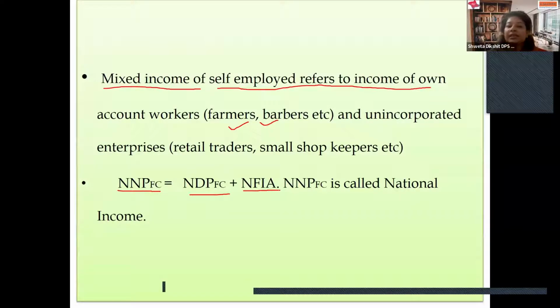We yesterday discussed NFIA is the difference between factor income from abroad and factor income to abroad. So FIFA minus FITA. Including this, you get the value of NNP at FC. So this is the second method. As I told, it is very, very simple to remember and solve.